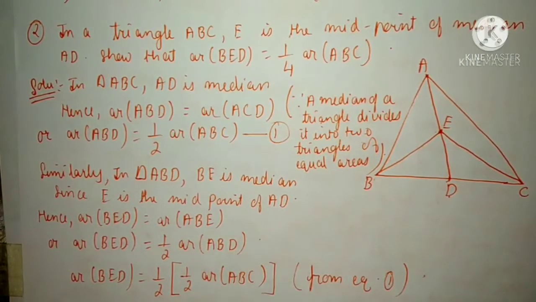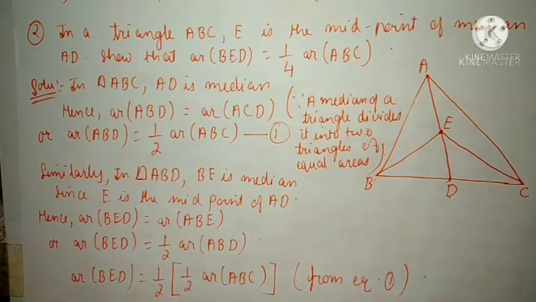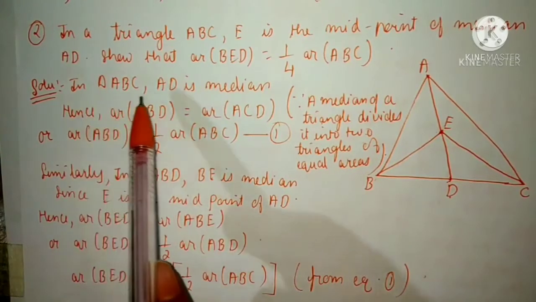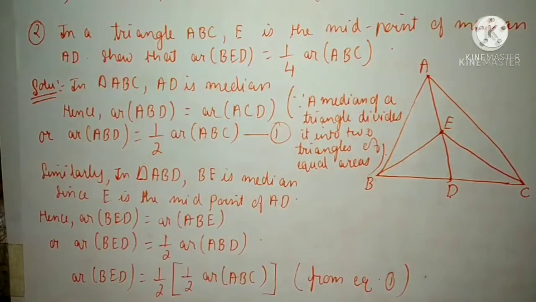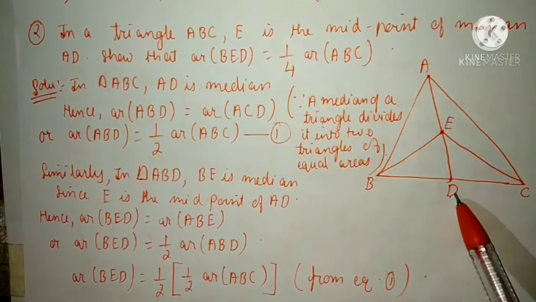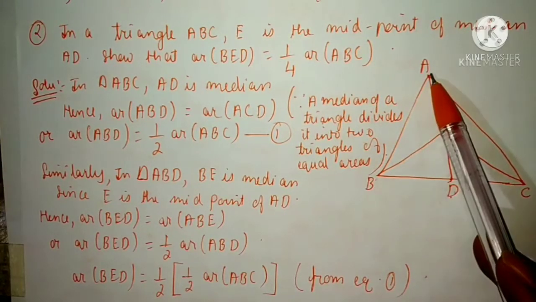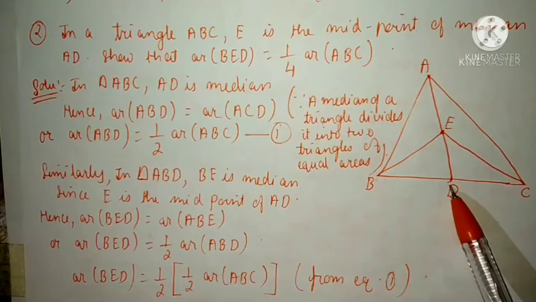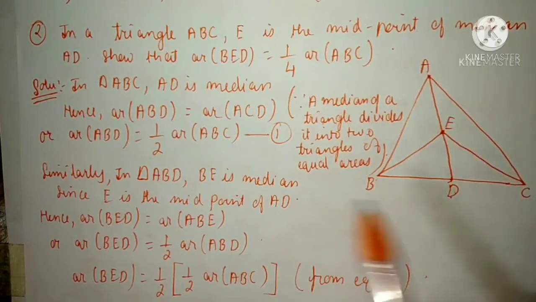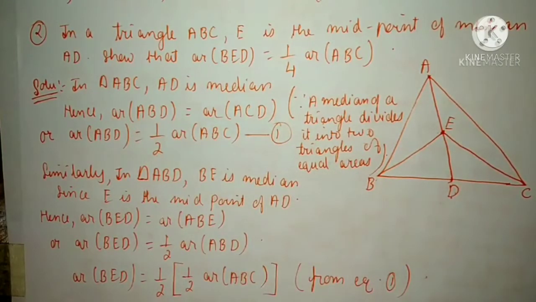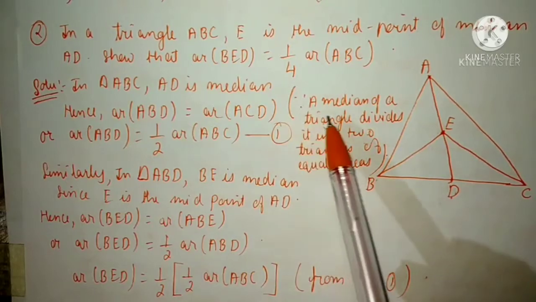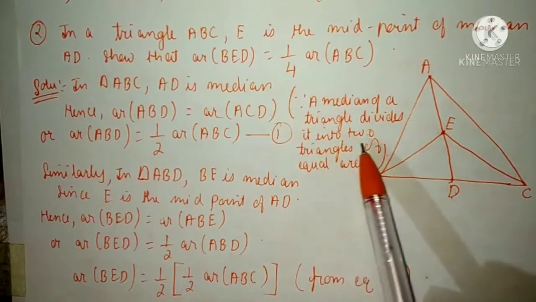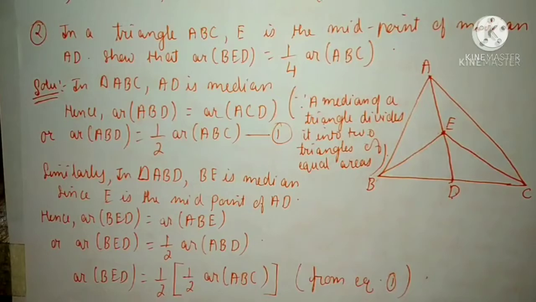In solution, first of all we know that AD is median of ABC. So in triangle ABC, AD is median. Now if this AD is median, that means area of ABD will be equal to area of ACD. Why? Because a median of a triangle divides it into two triangles of equal areas.